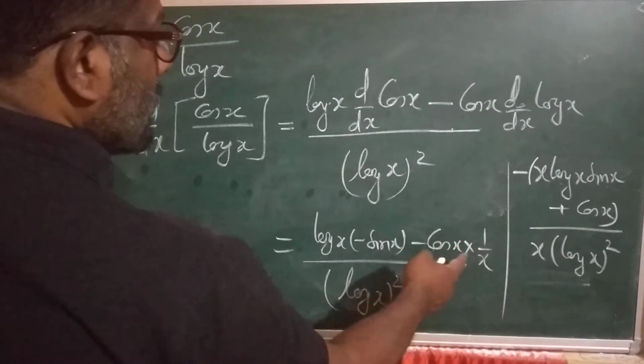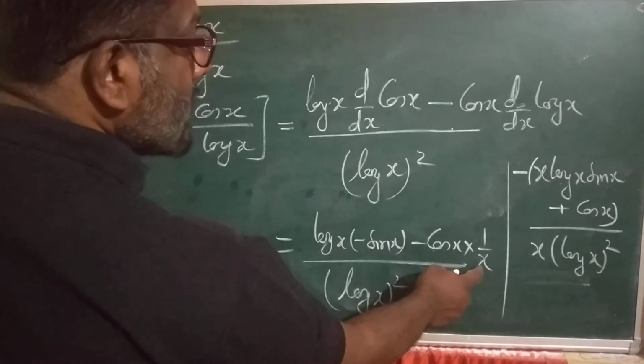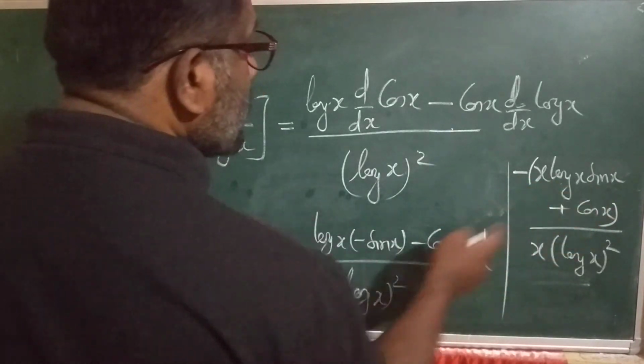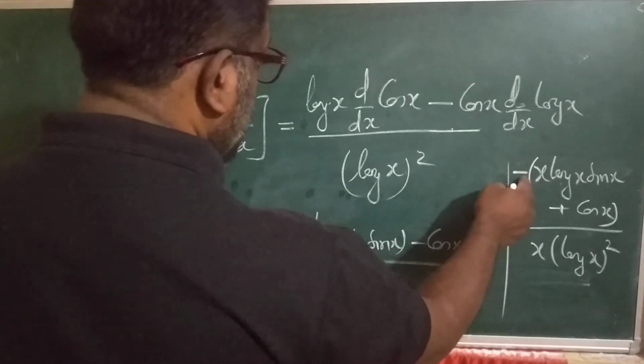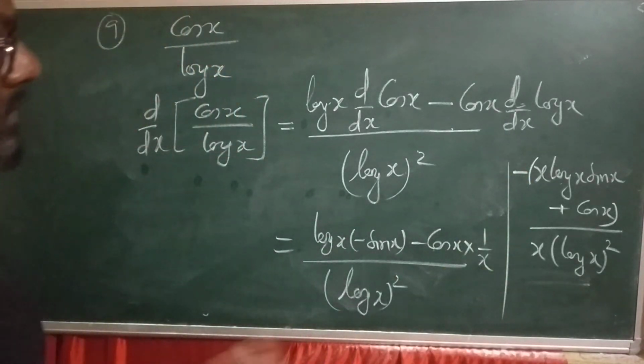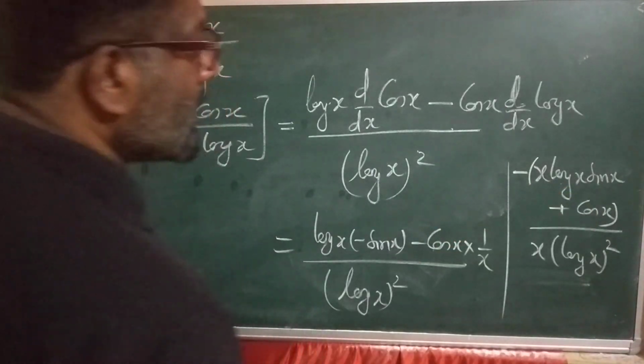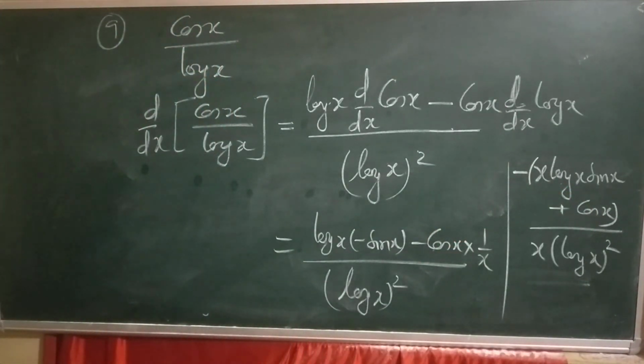Here we'll have to take the LCM. LCM is x and that will come here only. So x log x sin x plus cos x will come, and at last we take the minus sign common for simplification. Then we'll have minus, and in bracket x log x sin x plus cos x upon x log x whole square. So this is the 9th question.